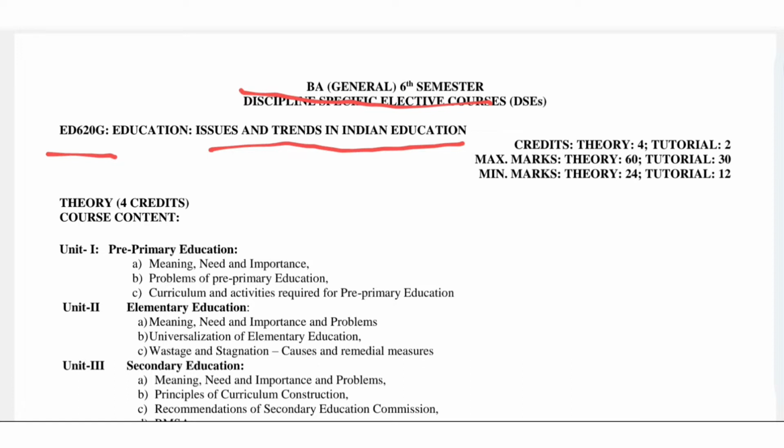You have 6 credits, 4 theory and 2 tutorial. Maximum marks for theory portion is 60 and minimum marks for theory portion is 24. Maximum marks for tutorial portion is 30 and minimum marks for tutorial portion is 12.